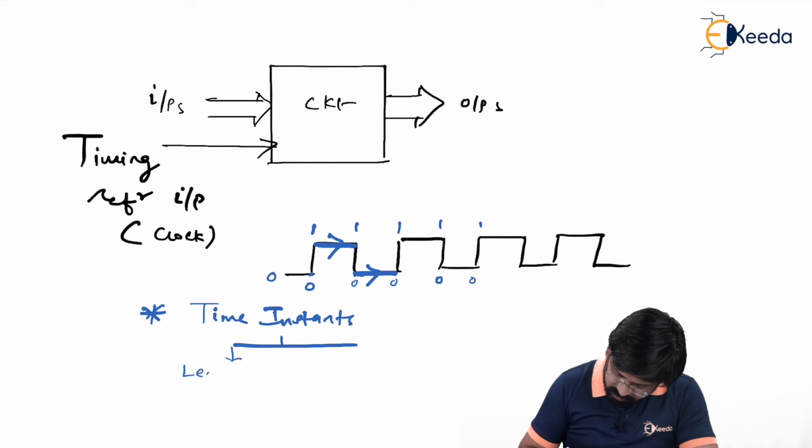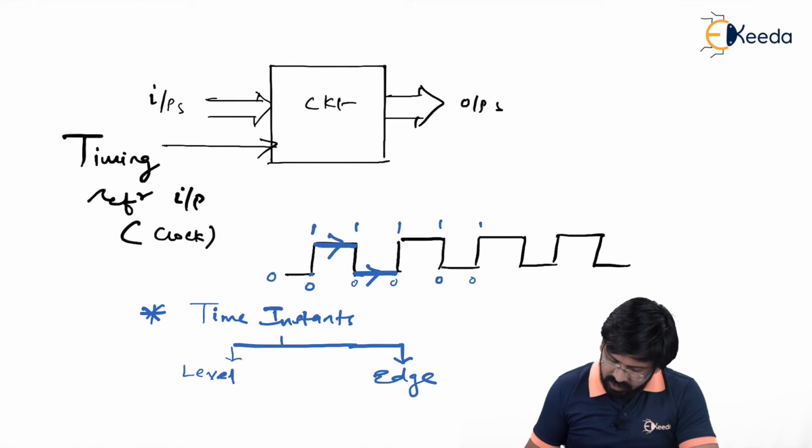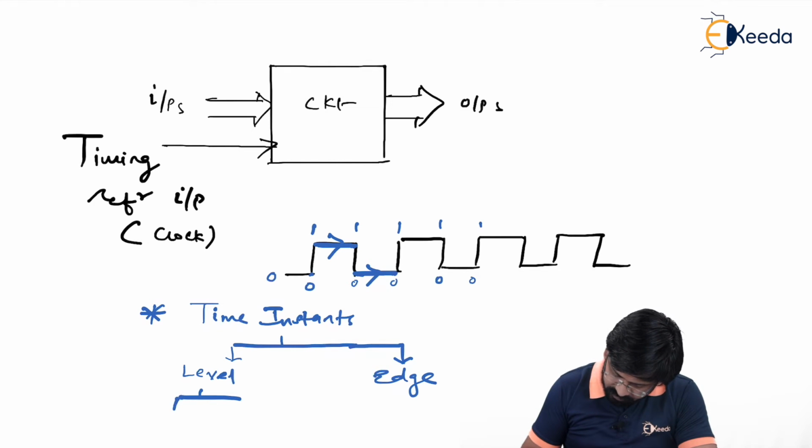The first category that we have seen is level. The other category we are going to see would be edge. In level we have two categories, one is called a positive level, the other one is called a negative level.